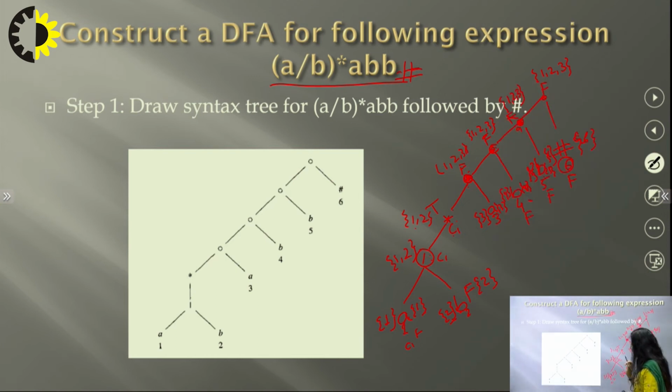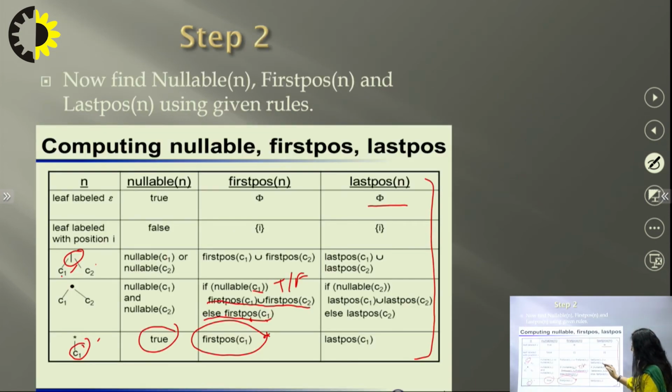So, hash is our symbol. We have to compute the last pos for hash, and the rule says last pos of C1 union last pos of C2. Here it has A as C1 and B as C2, and the last pos of this A is 1 and the last pos of B is 2.